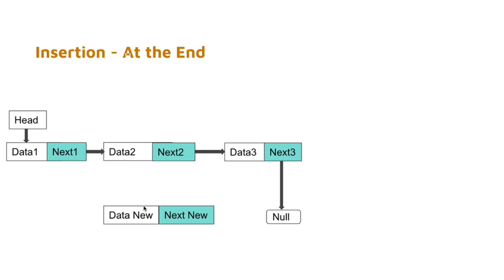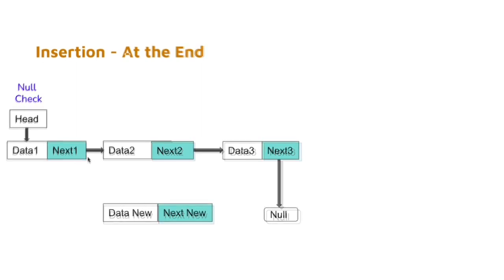Here a few more operations we can do. We can do a null check on head to check whether head is pointing to any node. If head is null, it means there is no node currently in the linked list. Then we can directly point head to the new node, and the new node's next will point to null. But that happens only when head is null.